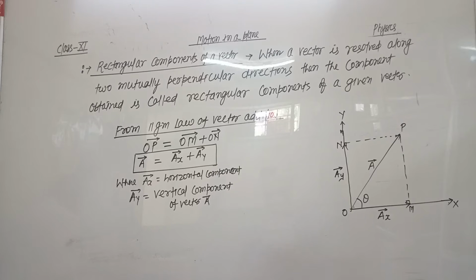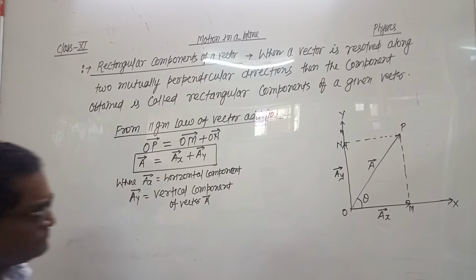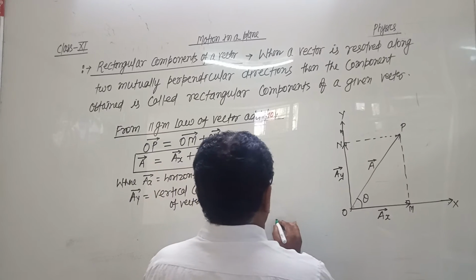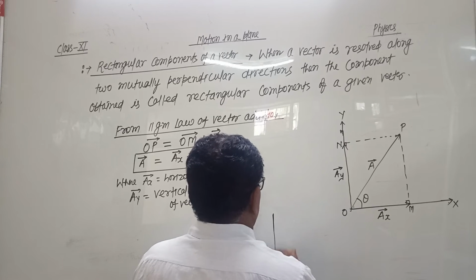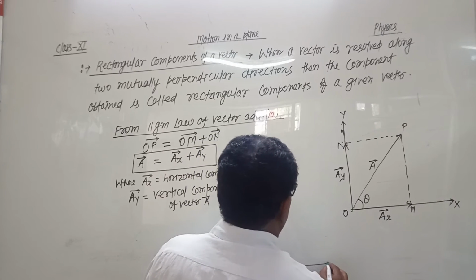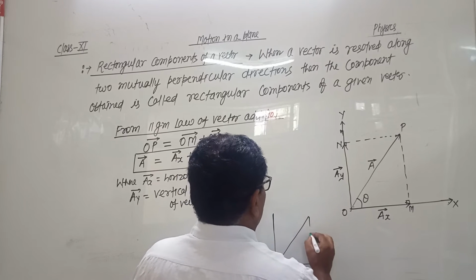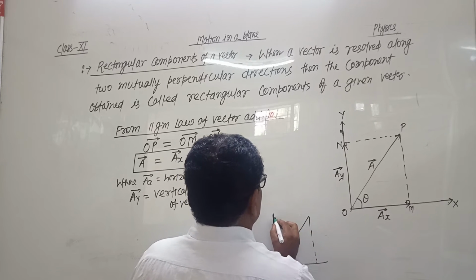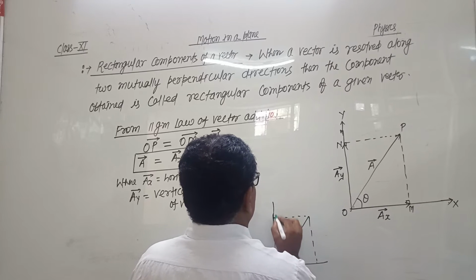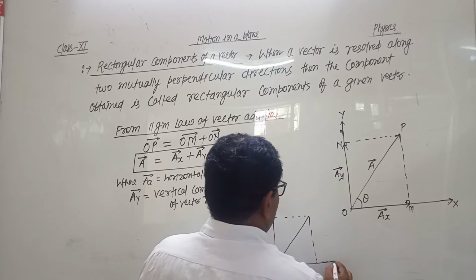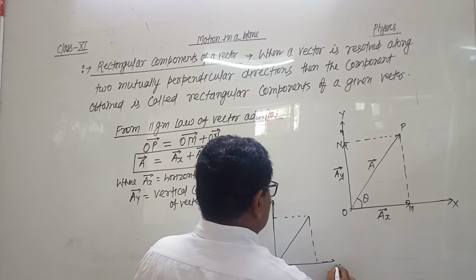Now suppose i cap and j cap are the unit vectors along the x axis and y axis.